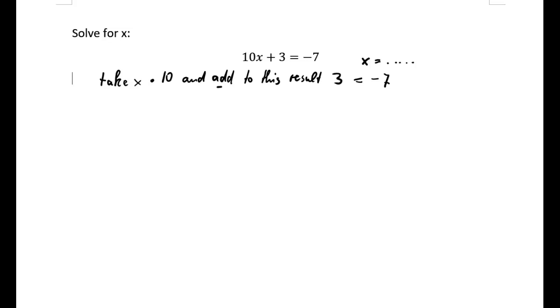So we have to say, first of all, we have this addition here, and then the second step would be the multiplication. And in order to deal with that, we use the inverse mathematical operations.